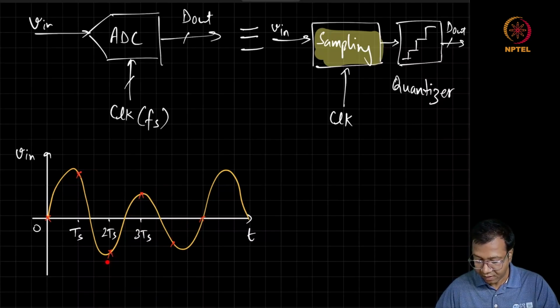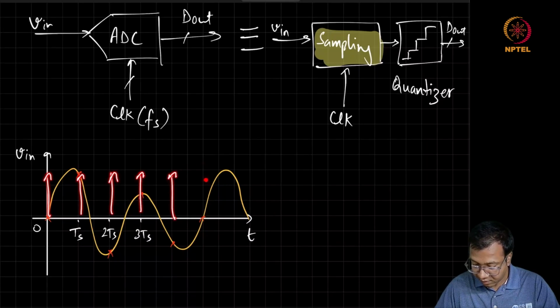First, let us understand how we can represent this sampling operation. The sampling operation looks as if this input signal is being multiplied with an impulse train, which has impulses in the time domain appearing at specific time instances.